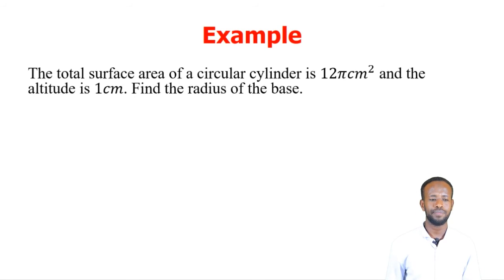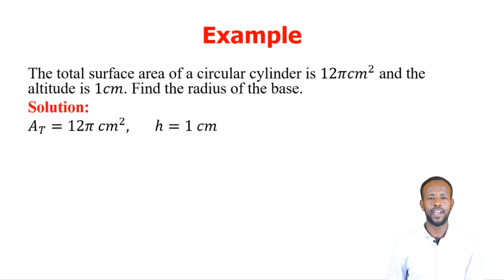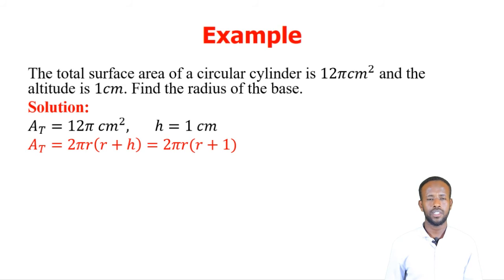Let us say solution. We have total surface area and the height. Total surface area is equal to 2πr times (r plus h). Here it is equal to 2πr times (r plus 1), as h stands for 1. Now we want r. Now to find r, we say 12π is equal to 2πr times (r plus 1).